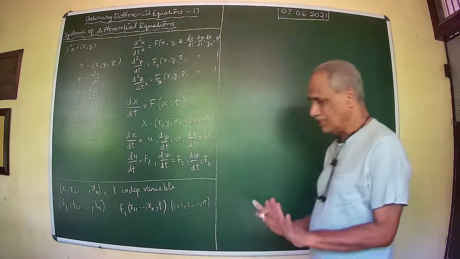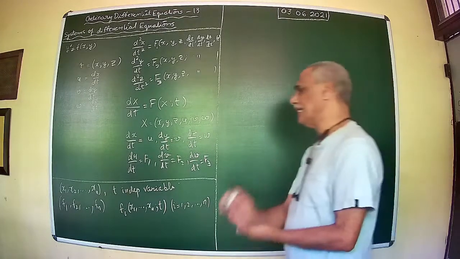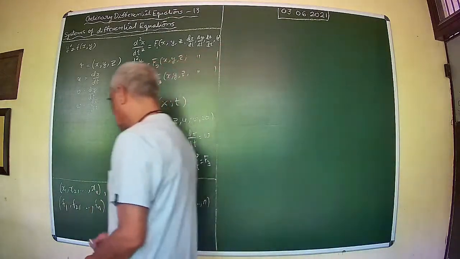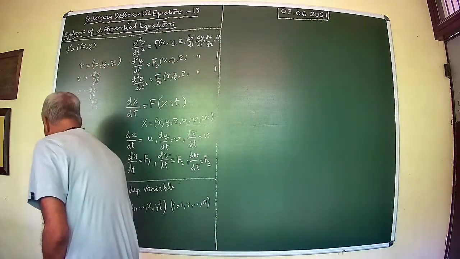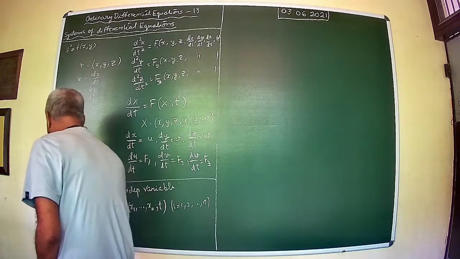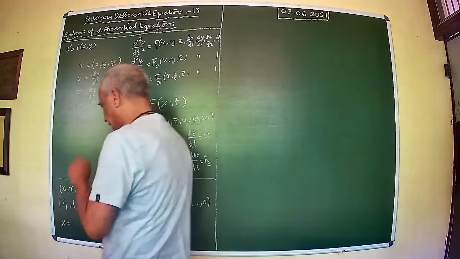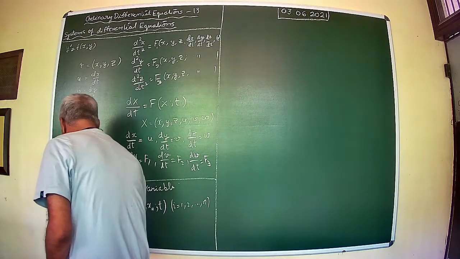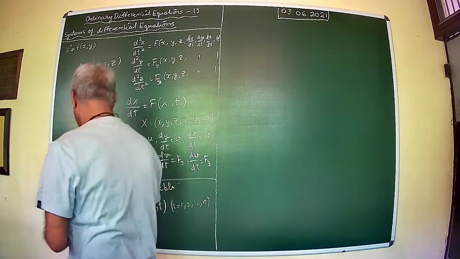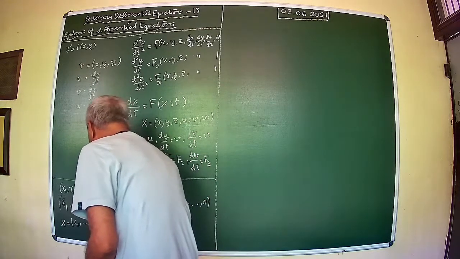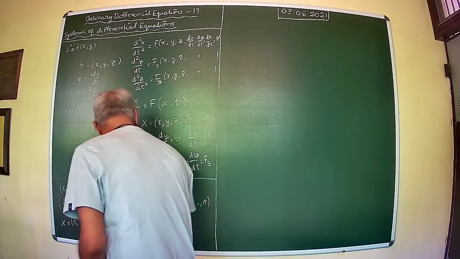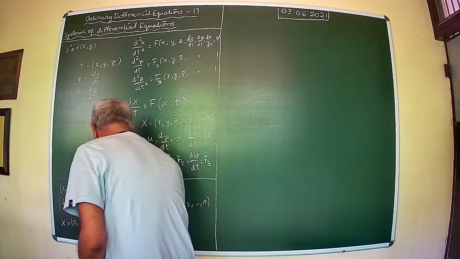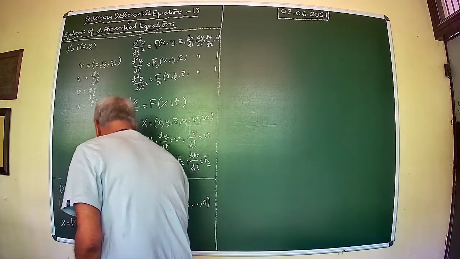Now it's just a matter of introducing the right notation, then everything is done. So we will write x as the dependent variable vector, (x1, ..., xn), and capital F, which is a function of x and t, as (f1, ..., fn).